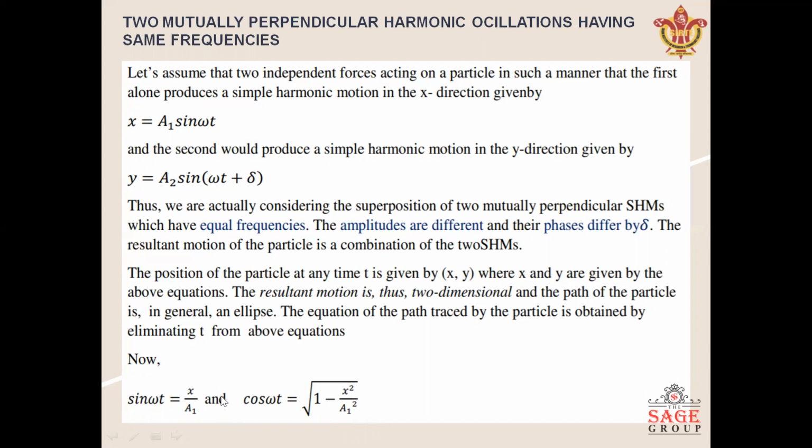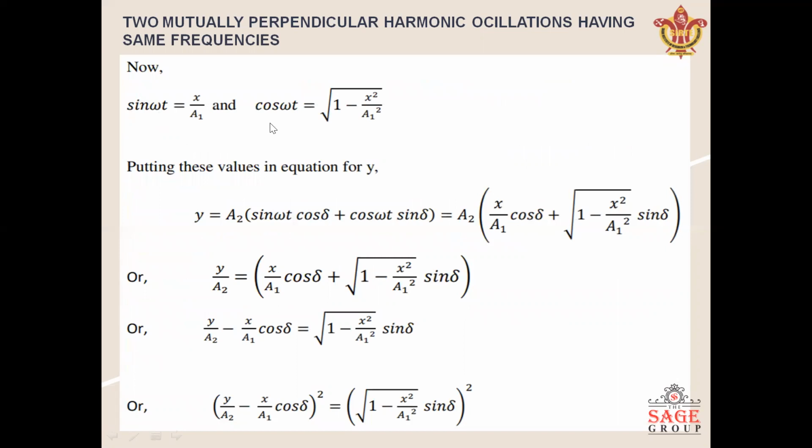So these are the new terms derived from equation 1: x upon a1 is equal to sine omega t, and cos omega t is equal to under root of 1 minus x square upon a1 square.